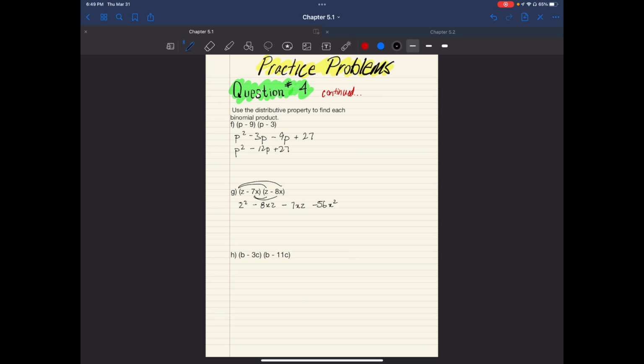Combine like terms, z squared minus 15xz. Oh, this is actually supposed to be a plus, my apologies. Plus 56x squared.